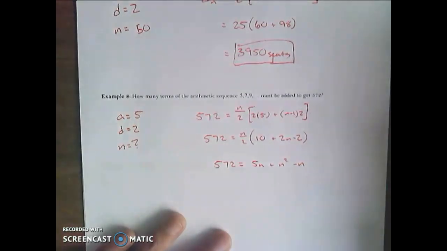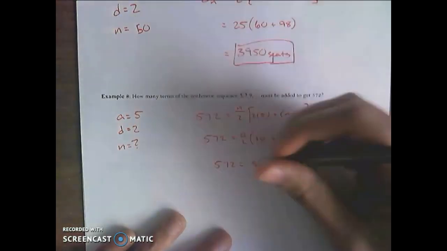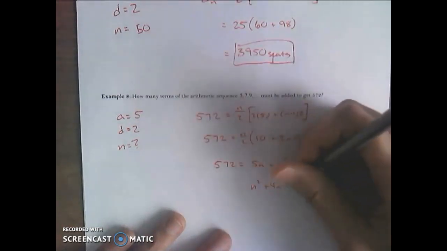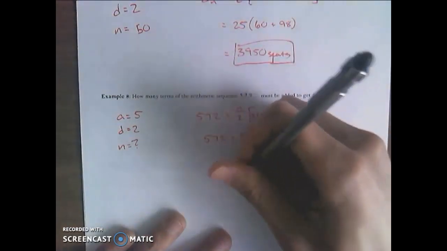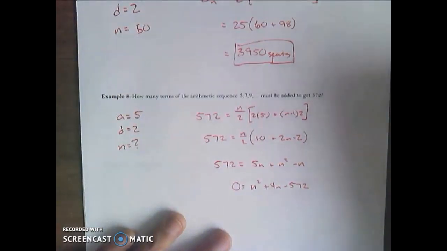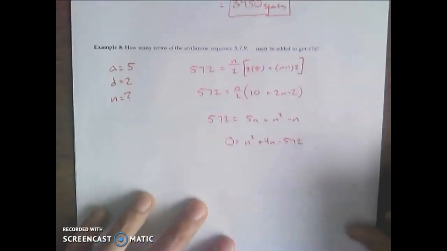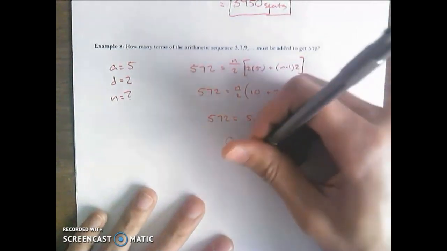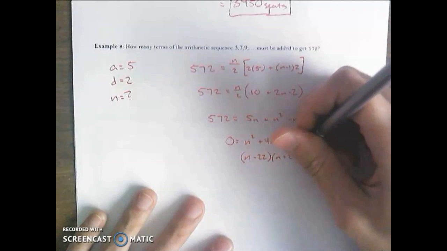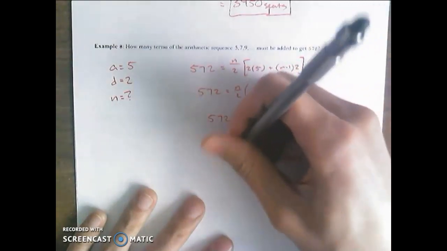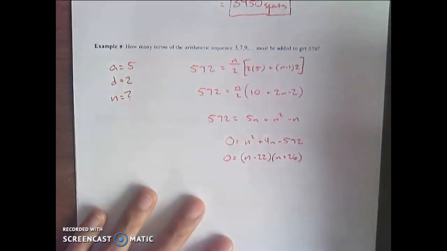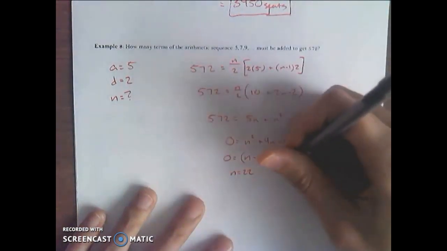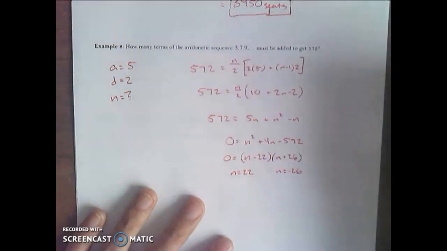So then we have n squared plus 4n, and we'll move that 572 to the other side. Factoring this, we have n minus 22 times n plus 26. That's equal to 0. Using the zero product property, we have n equals 22 and n equals negative 26.